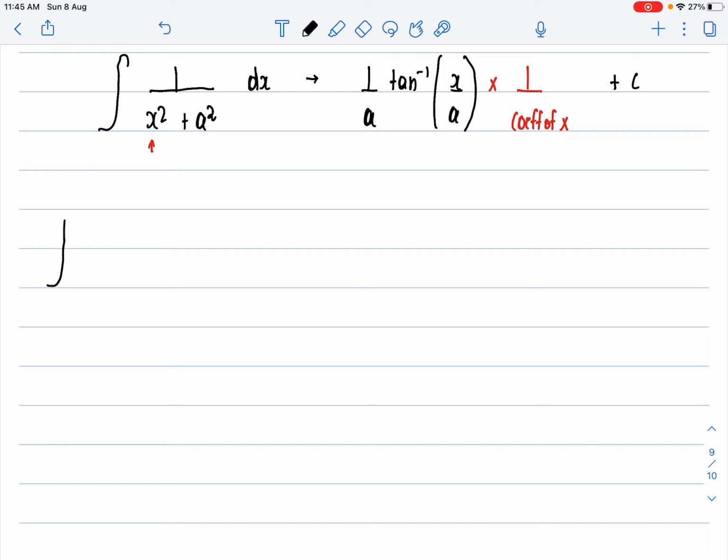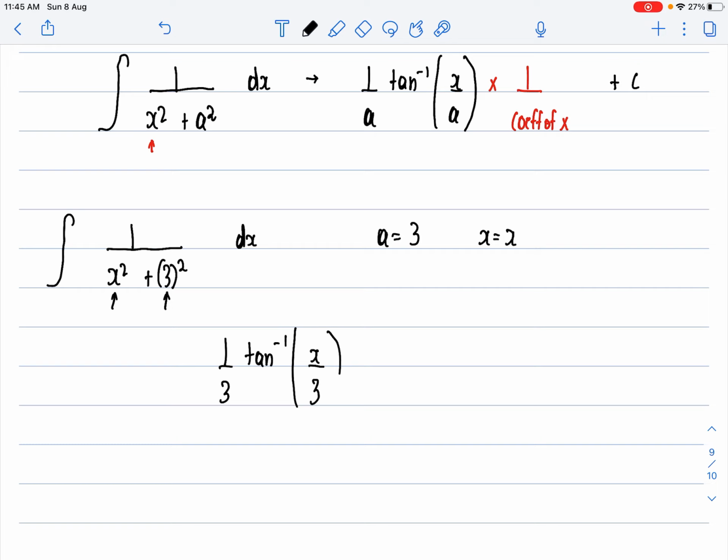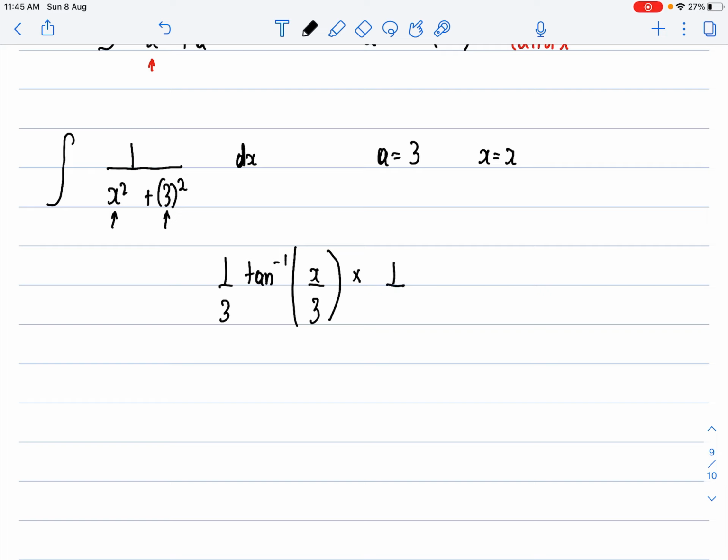Let's say I have the integration of 1 over x square plus 3 the whole square dx, correct? So first identify your a. Your a in this case is 3, and your x in this case is just x. So you can just write this as 1 over 3 with the tan inverse of x, which is just x, over a, which is 3, multiplied by 1 over the coefficient of x.